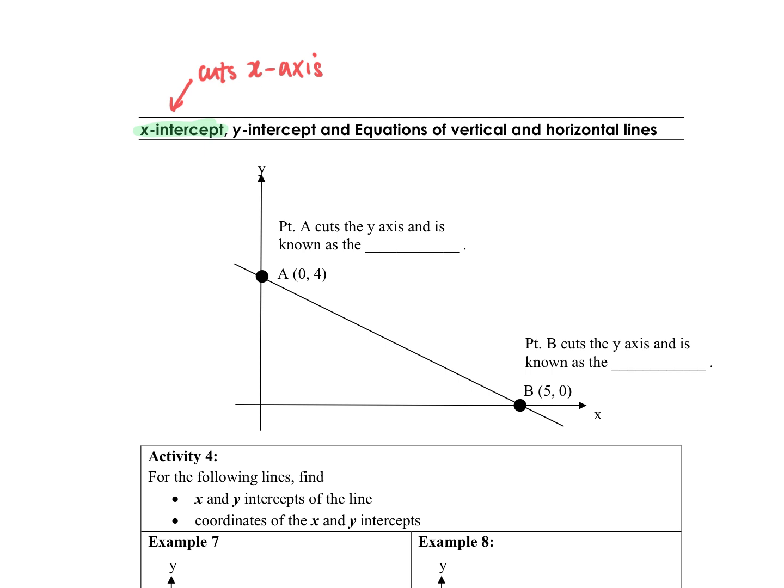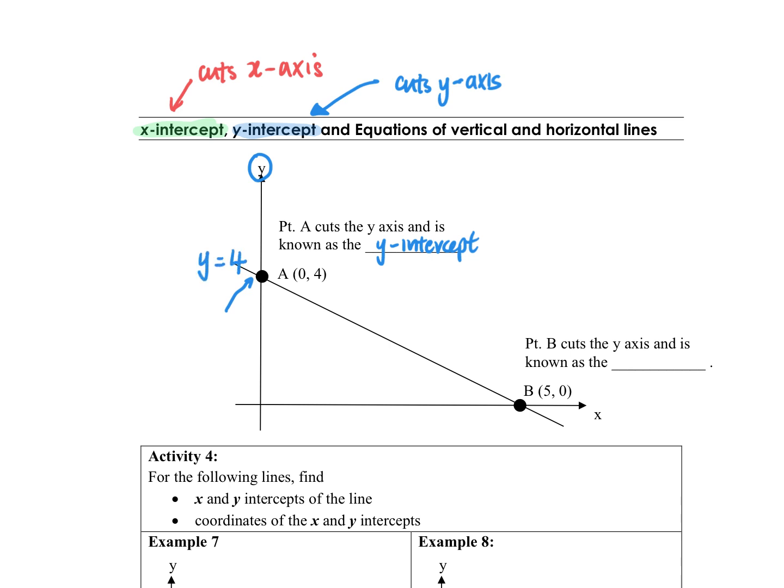Y-intercept, as the name seems to suggest, means cuts the y-axis. So this point here cuts the y-axis, so we call it the y-intercept. So what is the y-intercept value at this point? It is 4.